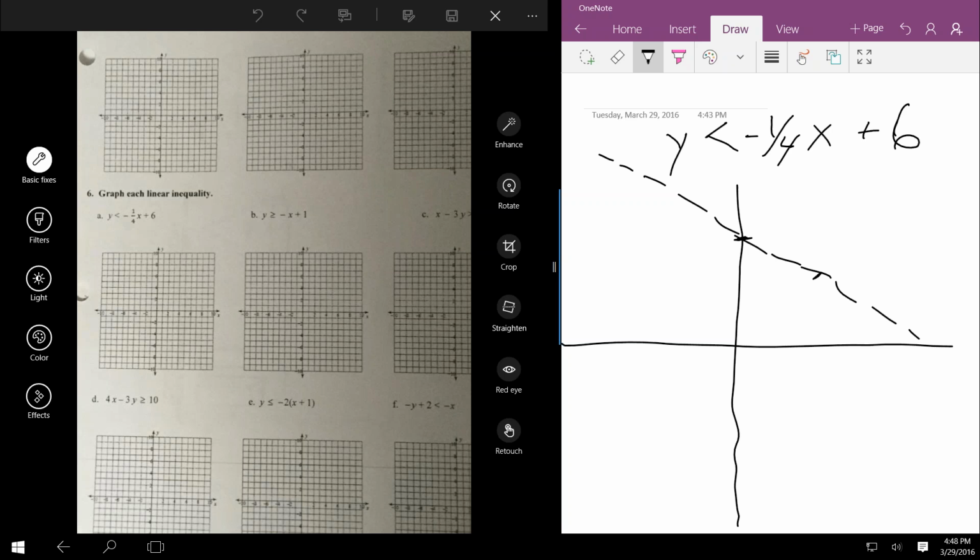I still have to choose which side of that line to shade. Which side should I choose? If it's less than, then you're doing the bottom half, correct? Correct. And you don't really care about the orientation of that line.